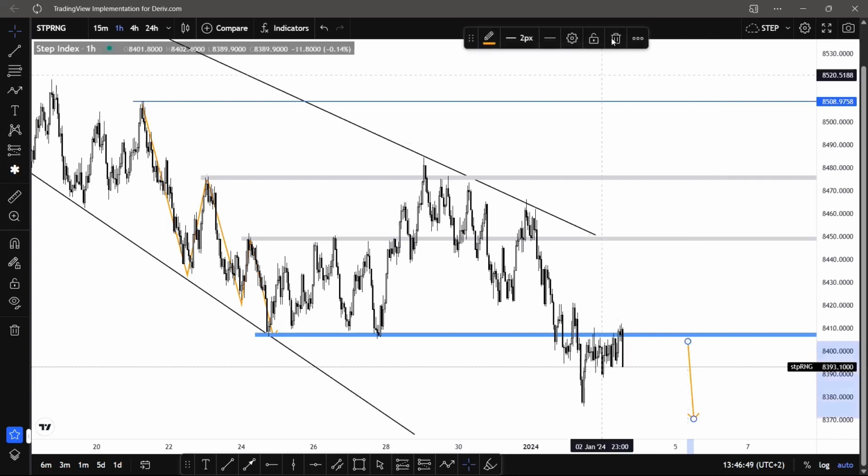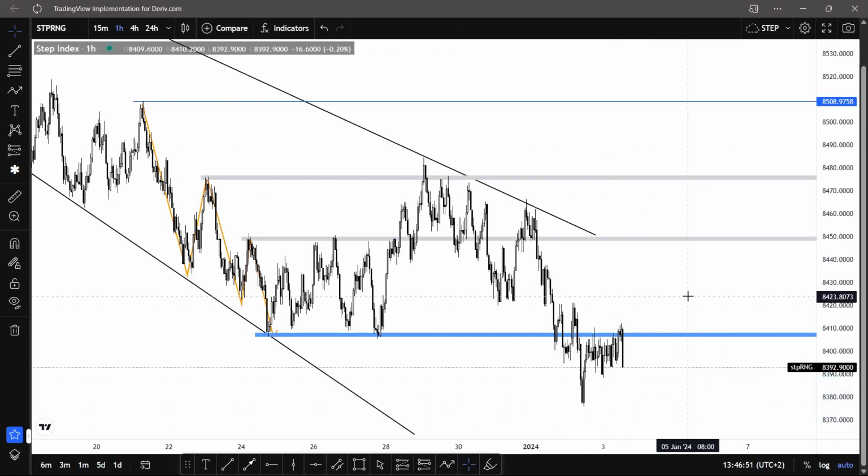Although to avoid this being confusing, make sure that your 4-hour time frame, which is what I personally use for my confirmations before I actually take a trade, I take a look at my daily time frame to see where the momentum is at. Then I go to my 4-hour to actually confirm what I'm seeing on my 1-hour time frame. So if my 4-hour matches with the 1-hour, then I have the full confidence to actually take the trade. That's all I'm saying.